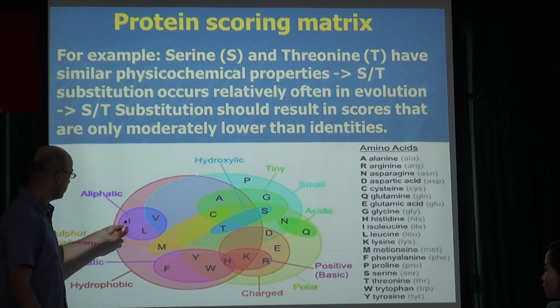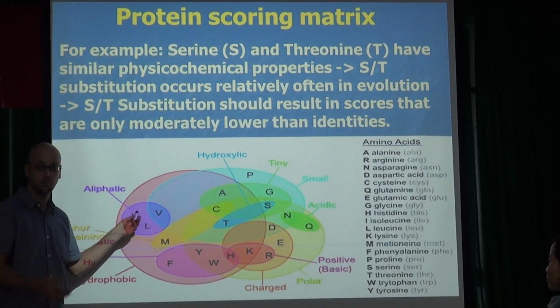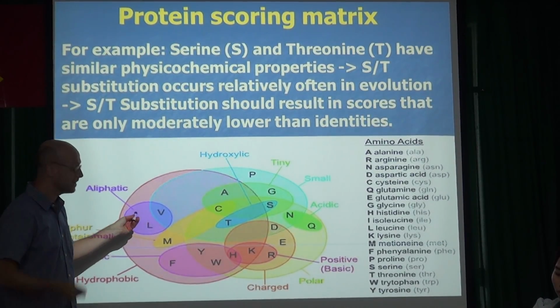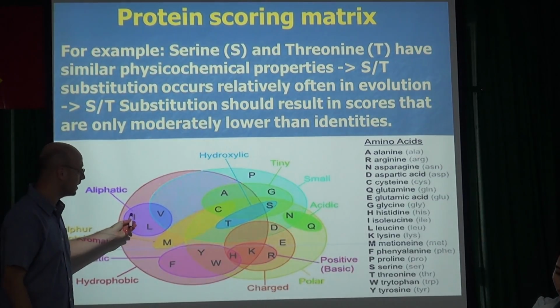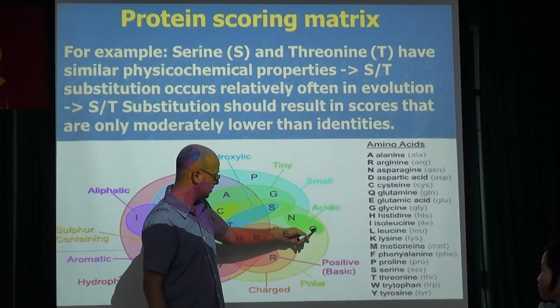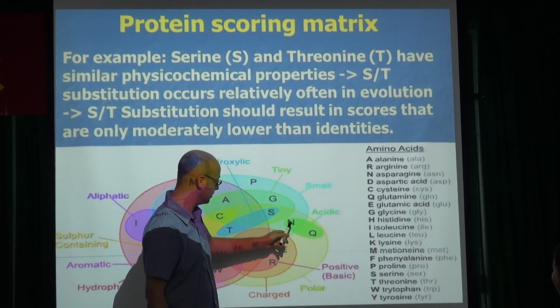For example, if we have isoleucine in the protein, and we have a mutation, and in the protein, instead of an isoleucine, we get... excuse me?